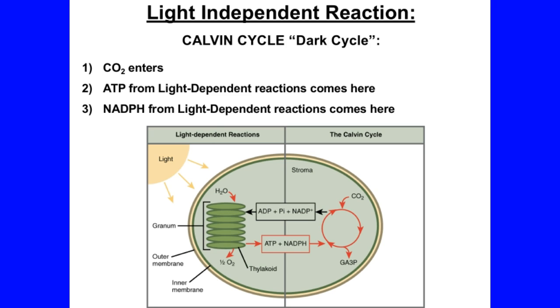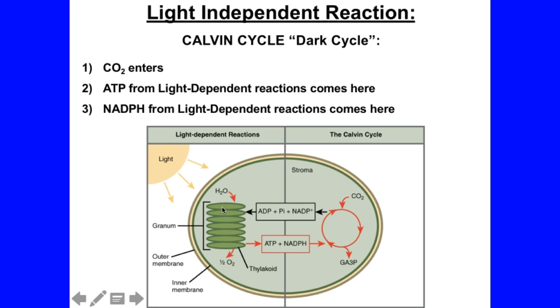So right here, let's take a recap really quickly. Light-dependent reaction: light energy comes in. It hits the thylakoid membrane, and this is all a chloroplast right here. Remember, the light-dependent reaction occurs in the thylakoid membrane. We had photosystem 1, the electron transport chain, and photosystem 2.